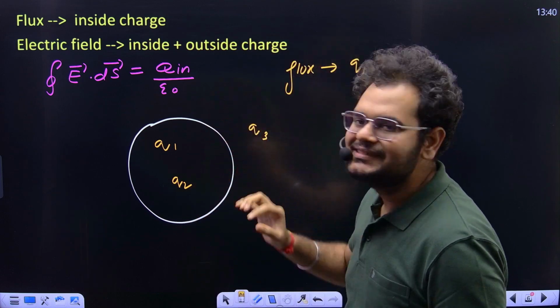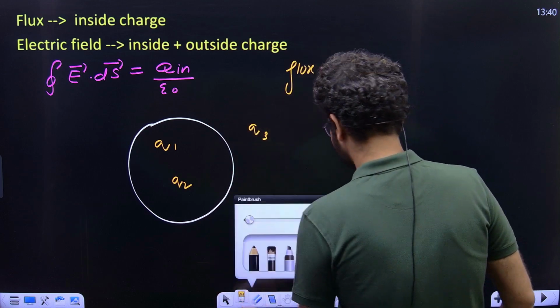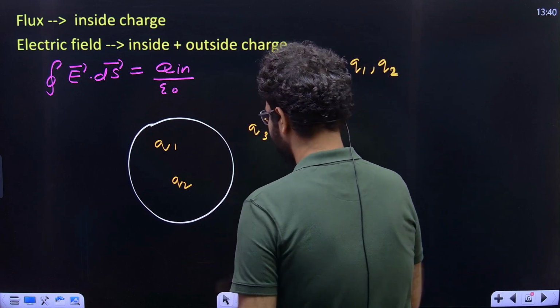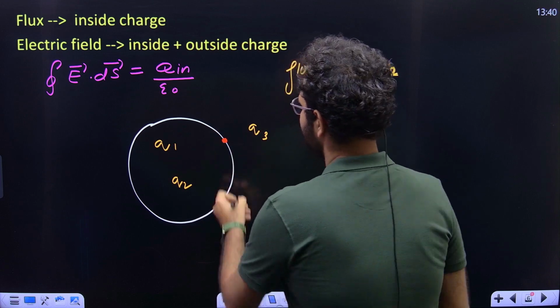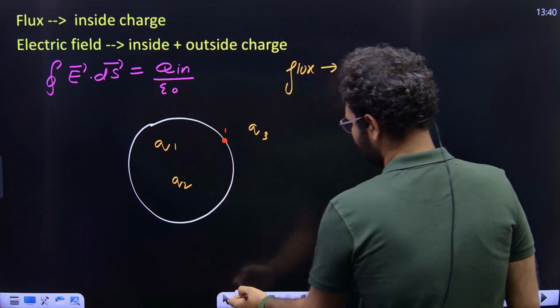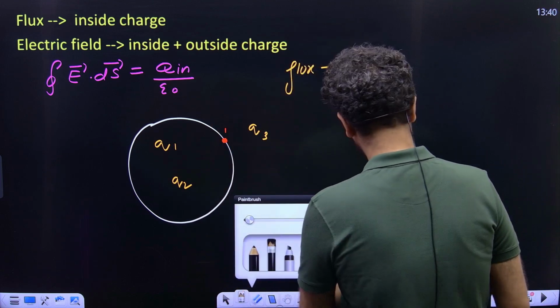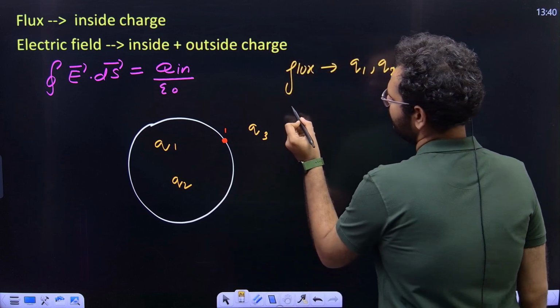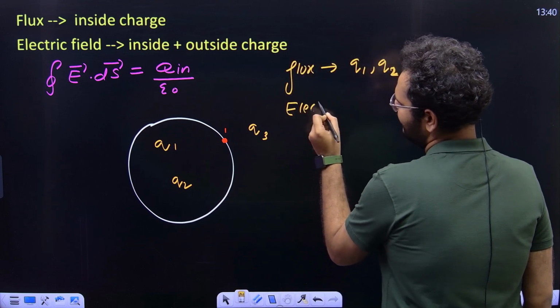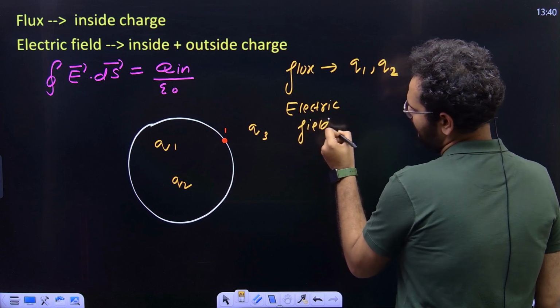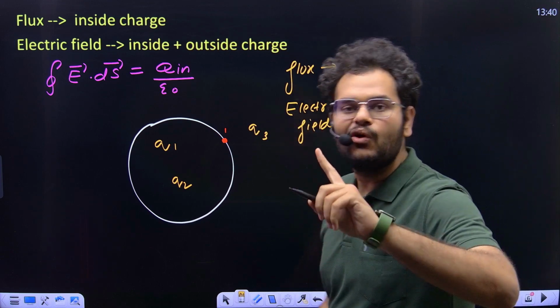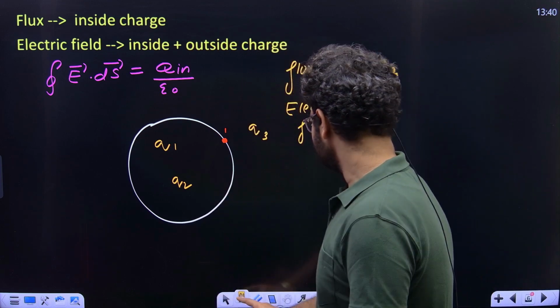But when I say electric field, suppose I'm asking you what is the electric field at this point. Let us say this is point number 1. Always remember, electric field will be due to all charges. Why all charges, sir?